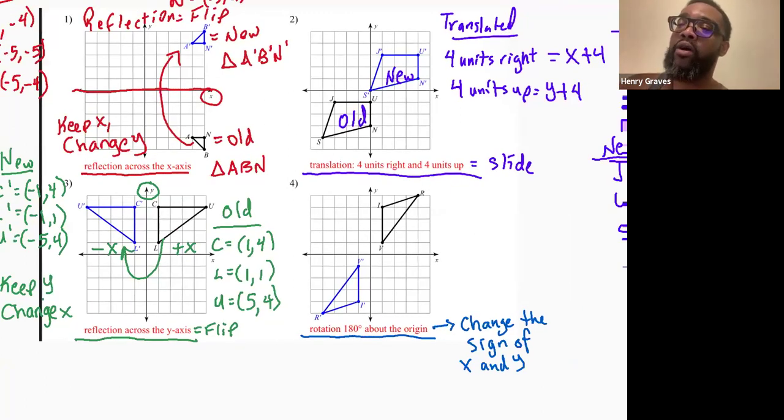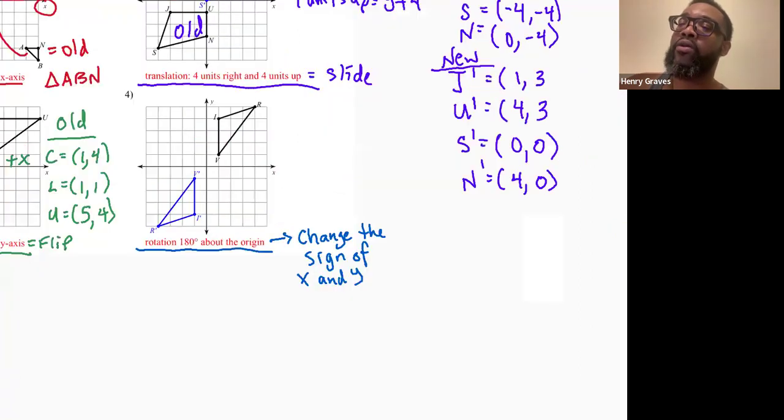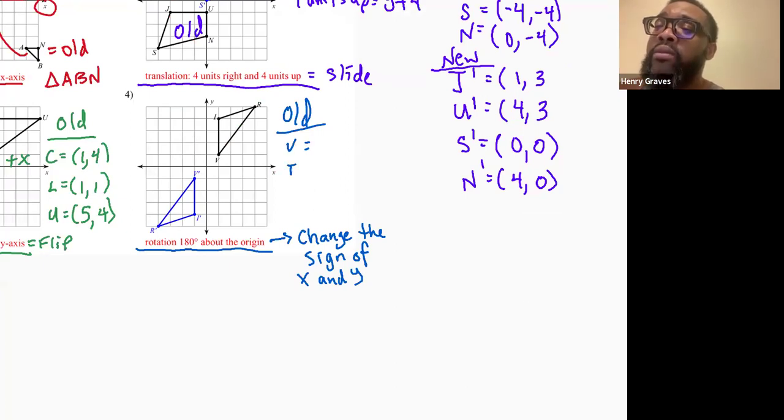I'm going to have my old x and y values of, I think it's V, I, and R. V is 1, 1. I is 1, 4. And R is 4, 5.